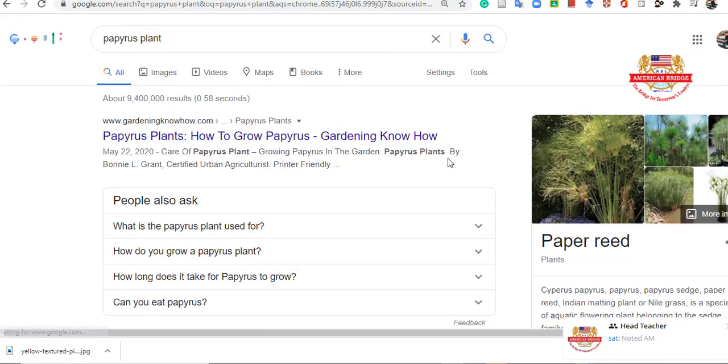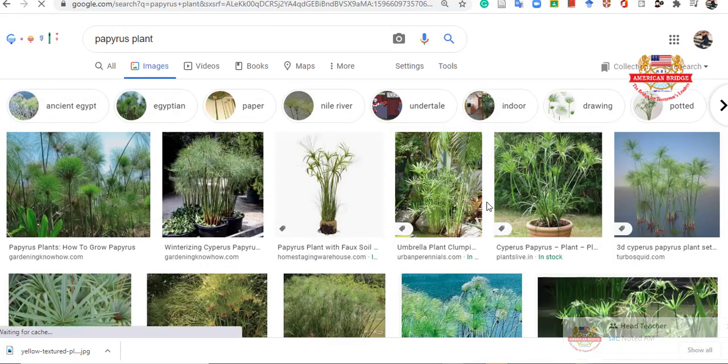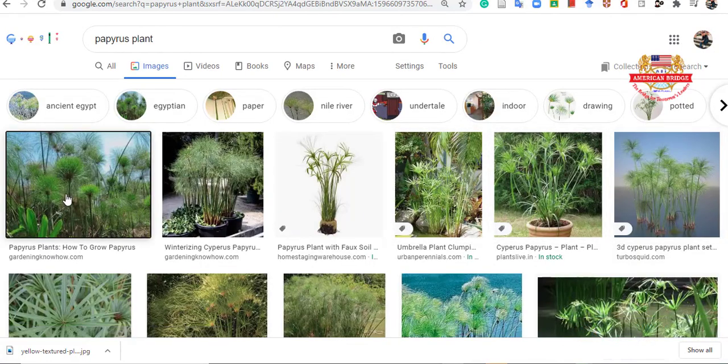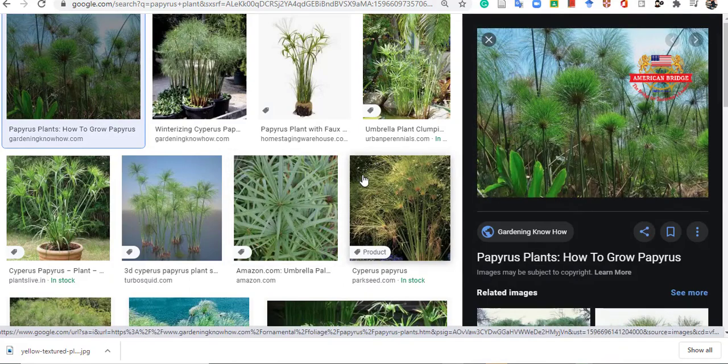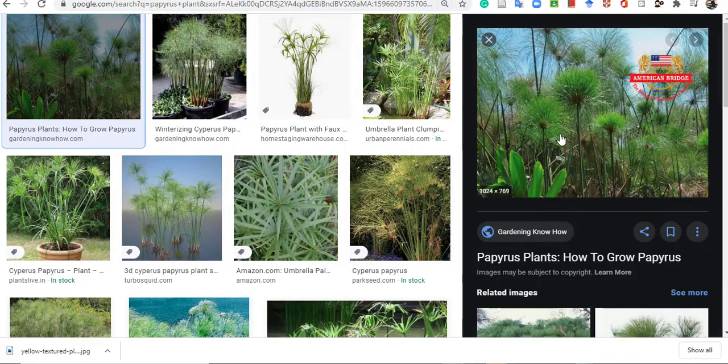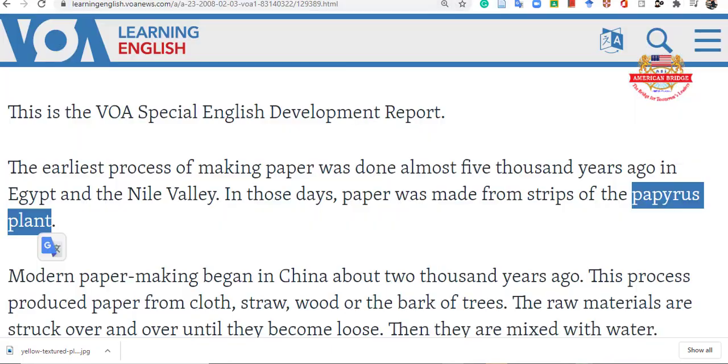What does it look like? You can see here, everyone, this is the papyrus plant. In the past, they used this in order to make paper. That is really amazing. So where was it, everyone? About almost 5,000 years ago, in Egypt and the Nile Valley.